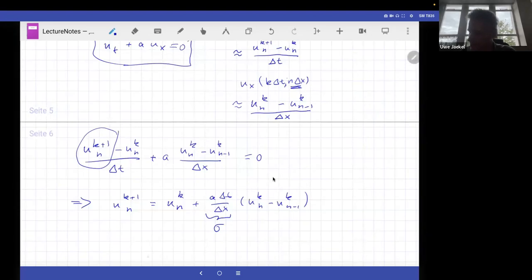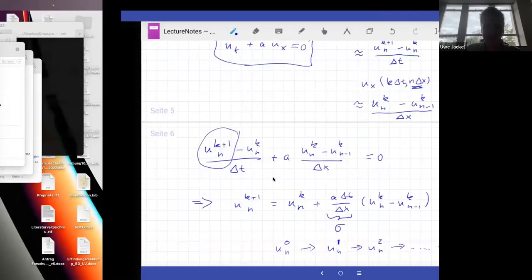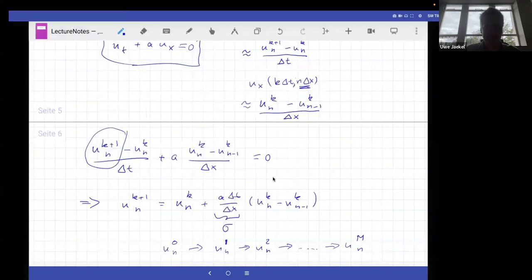So we know the solution at u_n^0. We find the solution using this recursion, and we can go to the second time step, and then we go on until we are finished. Let's say after m iterations, that is the time that we are interested in. So this is the forward solution scheme, an explicit solution scheme.